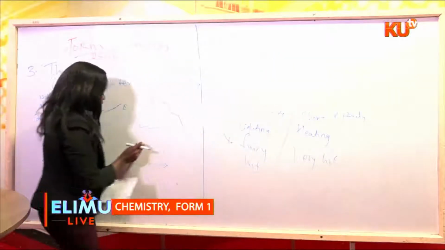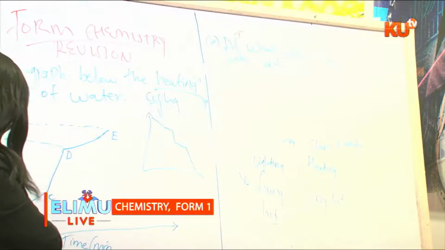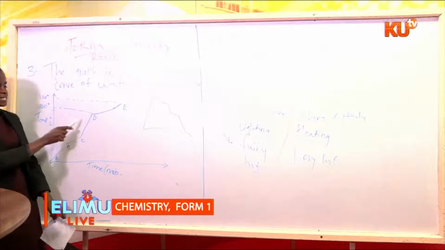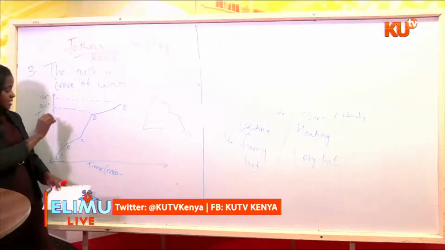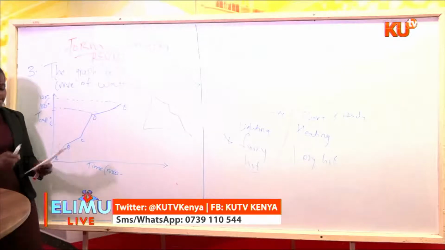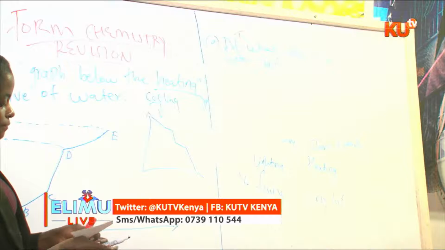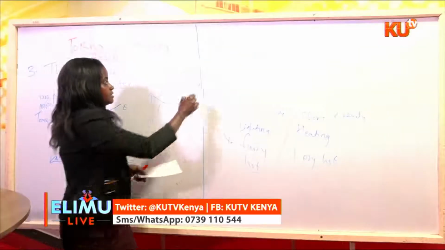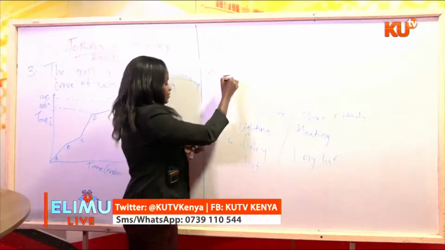So you get back to your curve, and this is the boiling point of water. The water will boil at 100 degrees Celsius. Now, is this curve another question that you will likely get in your exam?